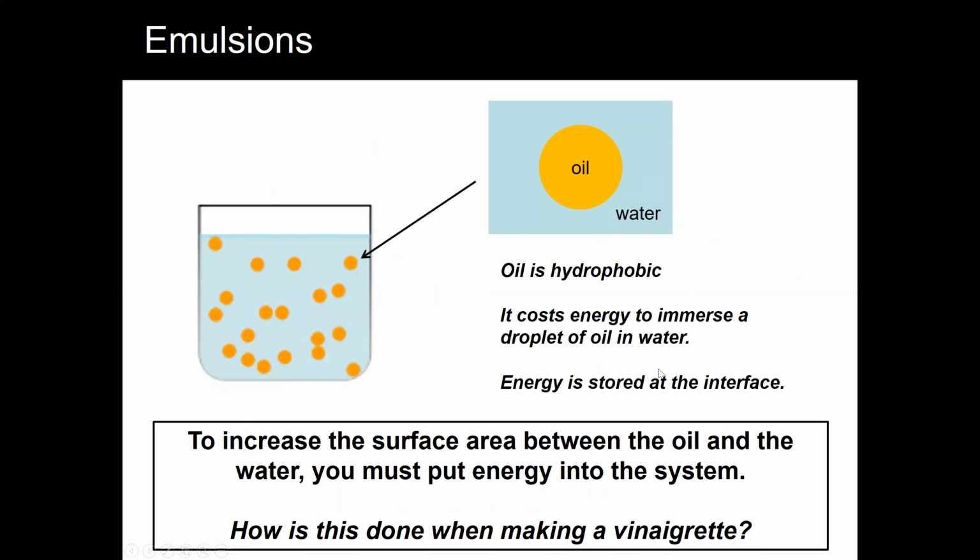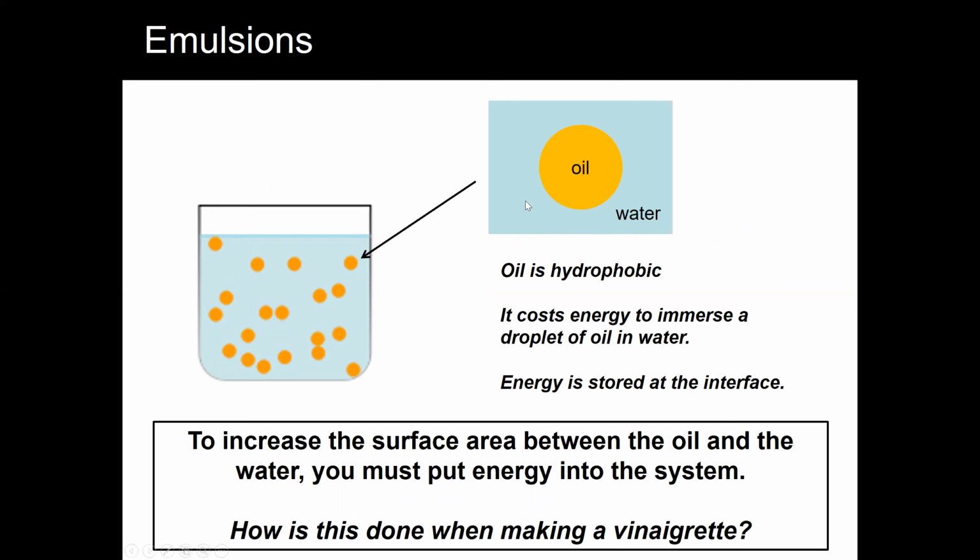All right, so what is happening here, and why does it take energy or work to make a vinaigrette? So it turns out, and this isn't surprising, that oil doesn't want to be near water, right? Oil is hydrophobic. It actually costs energy to force those oil molecules to be near water molecules.